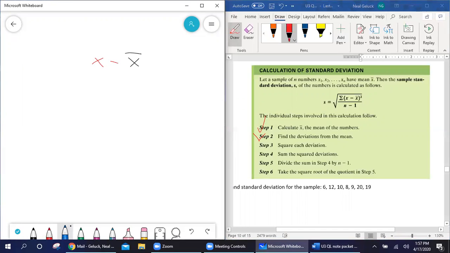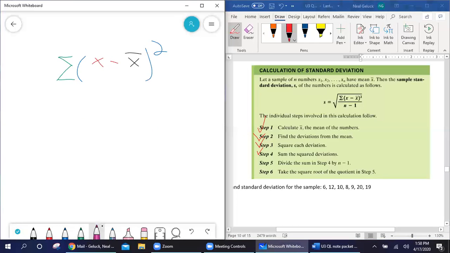To clear that, we just squared all of those numbers. That was step 3. We then added all of those together. The symbol sigma in math, remember, means sum. So that kind of looks like an E thing, it's sigma. So that was add all those up. That was step 4.